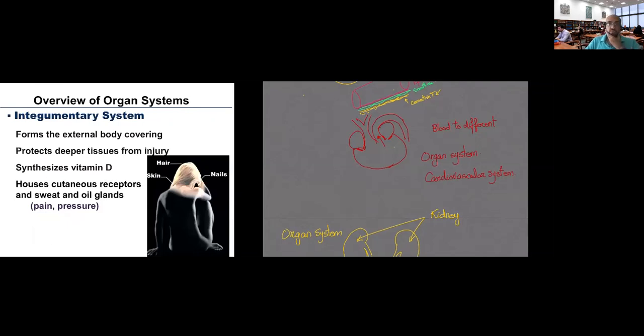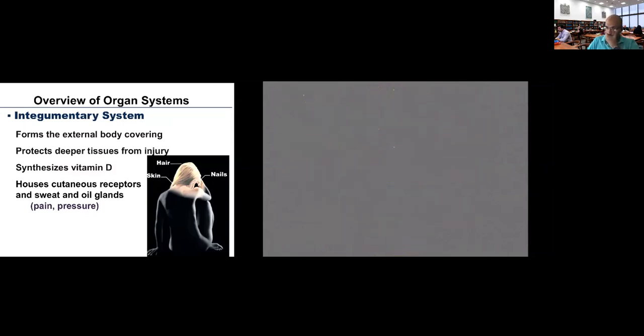Like what organ systems we're going to be discussing through this course and also in AP2. First is going to be the integumentary system, skin and its appendages. So why do you think we have skin? Protection, right?